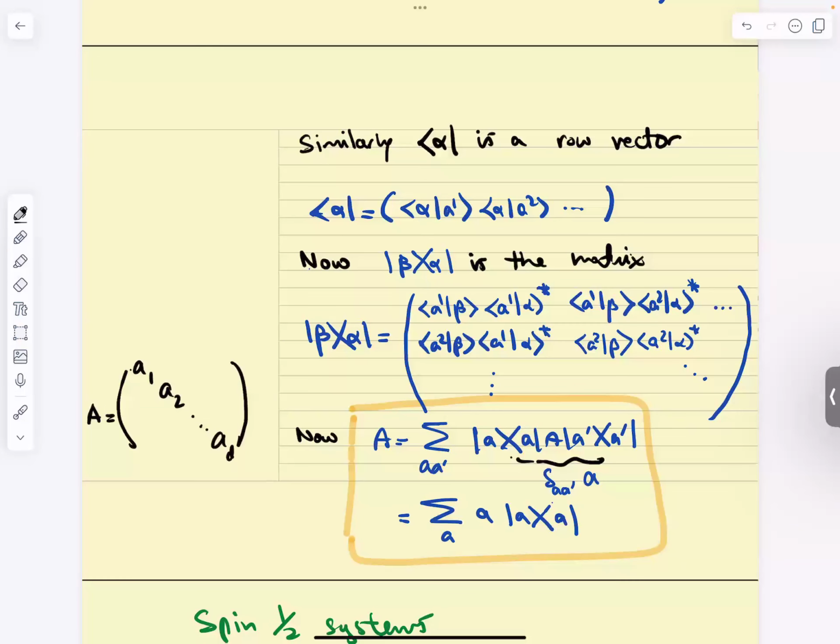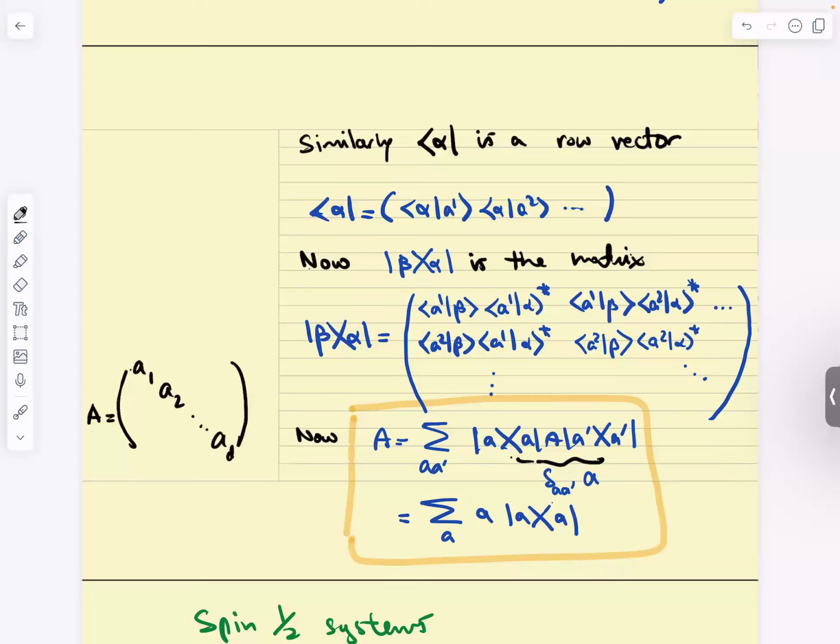Let me summarize what I've said. We discussed measurements, right? Measurement was the process where you would feed, let's say you want to measure SZ, the Z component of the spin of silver atoms. The input was a two-dimensional complex column vector, a ket. You measure SX.